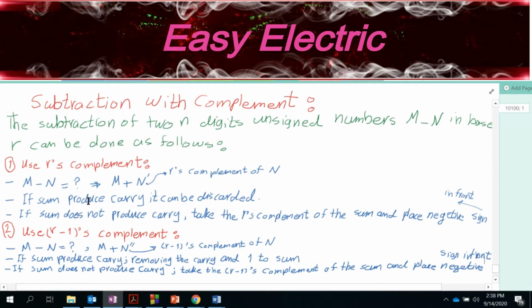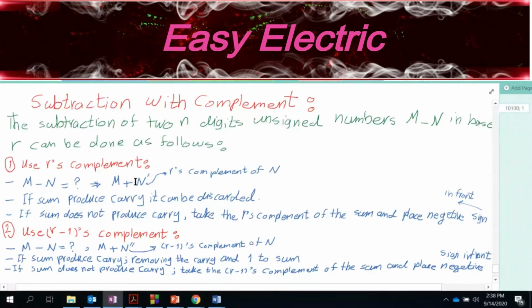Then you have two cases. Case number one, carry. If you add two numbers, both with n digits, and the result has n digits, the carry is 0. If the result has n plus 1 digits, the carry is 1. If the sum produces a carry, it can be discarded. Just ignore that carry.